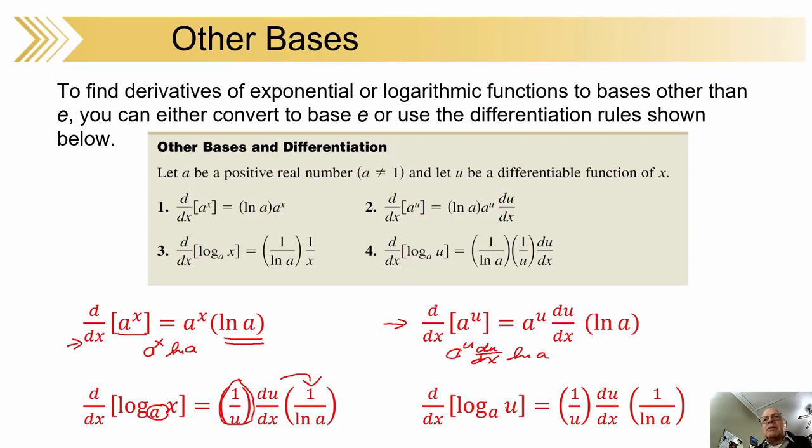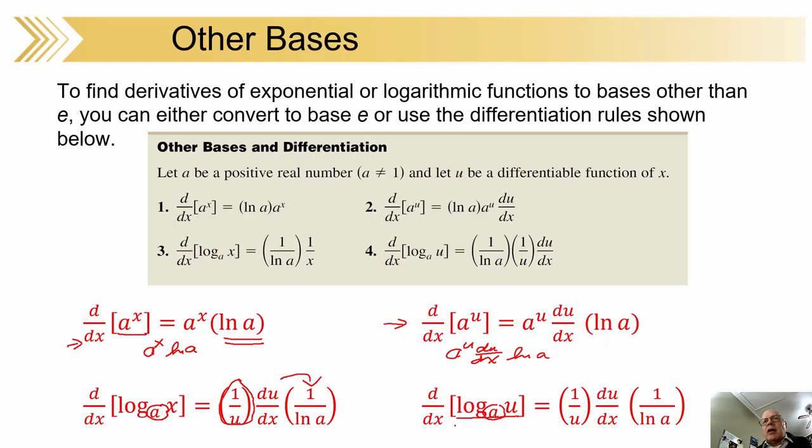And the last one, if you're going to take the derivative of this, 1 over u, just like 1 over x. Take the derivative because you've got the chain rule, and because this base is not an e, you make the adjustment of 1 over the natural logarithm of a.